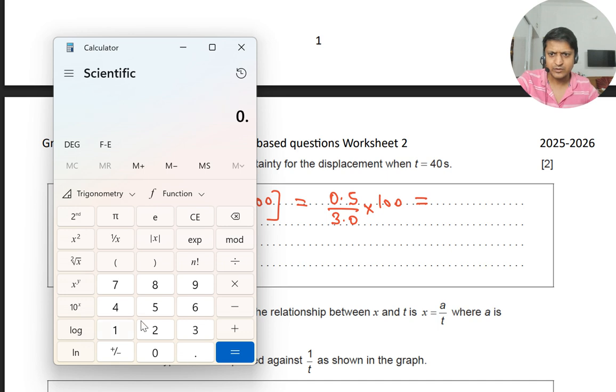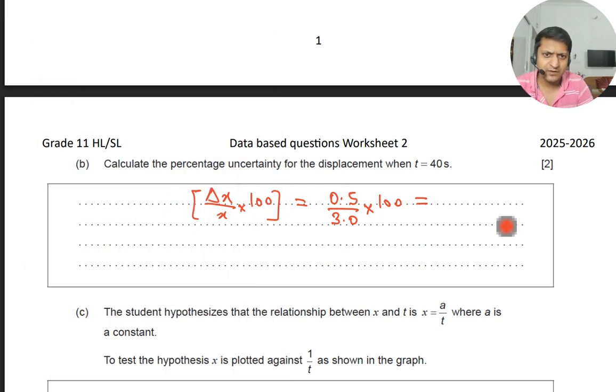Let's see, 0.5 divided by 3 into 100. So it would be 16.67%. This is how we have to do the percentage uncertainty.